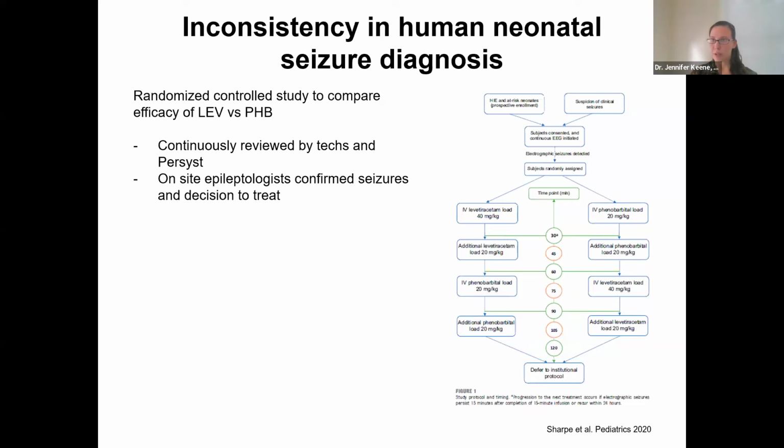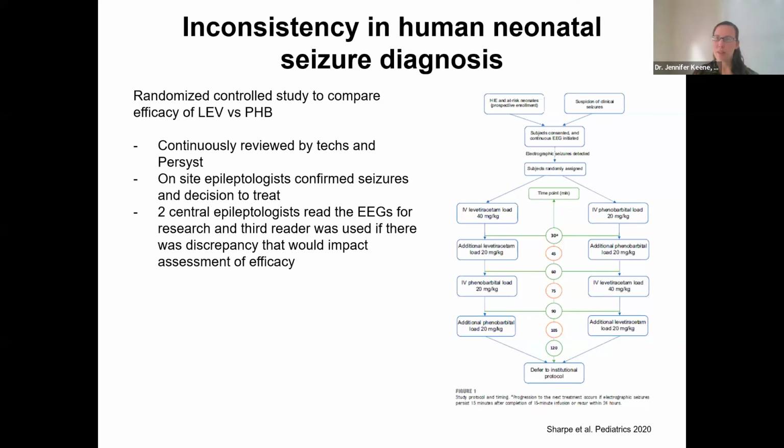There were on-site pediatric epileptologists who are familiar with neonatal seizures, who confirmed seizures identified by the technologists and made the decision to treat. And then there were two central epileptologists with expertise in neonatal EEG who read the EEGs blinded, and a third reader was used if there was a discrepancy.